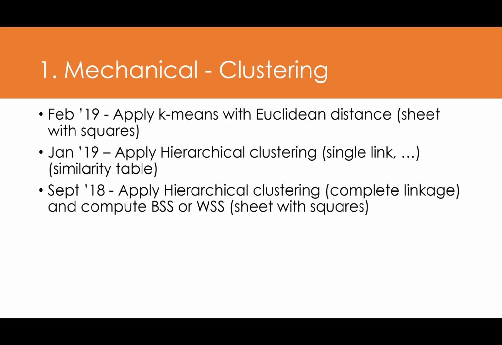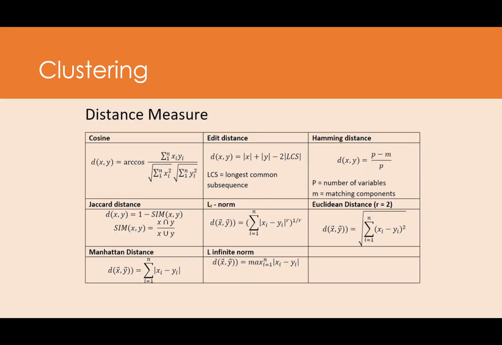And in another case, instead, you are given a table, the similarity table, and you have to do your calculation on it. And I found it easier to rewrite the similarity table at each step, just not to get confused. So the main formulas for this part are about distance.